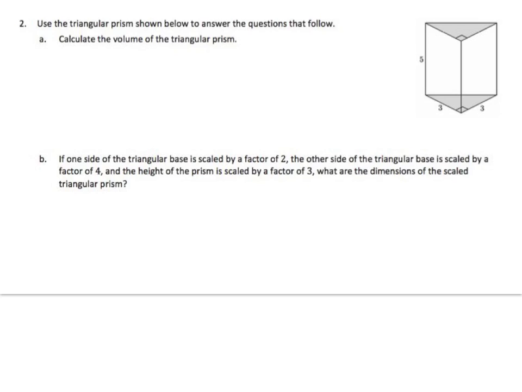So use the triangular prism shown below to answer the questions that follow. Calculate the volume of the triangular prism. I have volume equals, there we go, it's a right angle, so 1/2 times base times height, that's the area of the triangle, times the height of the prism.